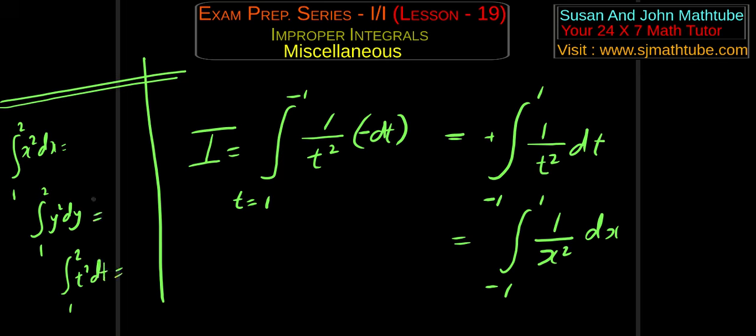You try to do these three problems, you will understand why in a definite integral the variable does not matter. You can use any variable you like, but you're not allowed to change the limit. You're not allowed to change the function. Check it yourself.